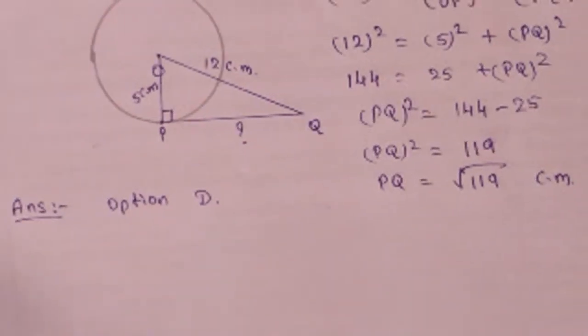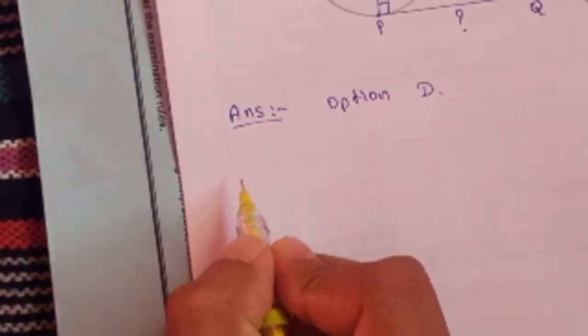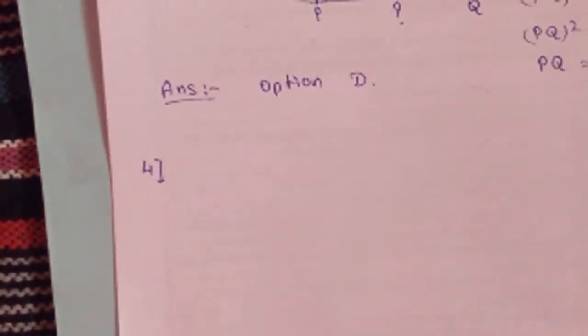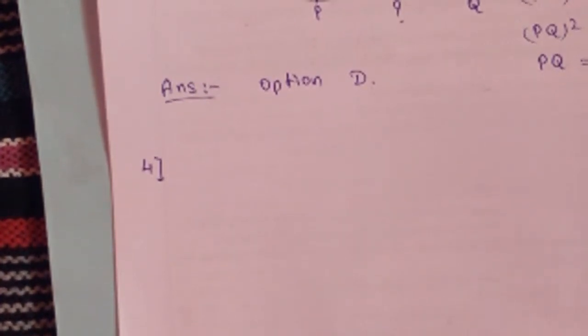The next one, the fourth one. Draw a circle and two lines parallel to a given line such that one is tangent and the other a secant to the circle. The first one is we have to draw one circle.